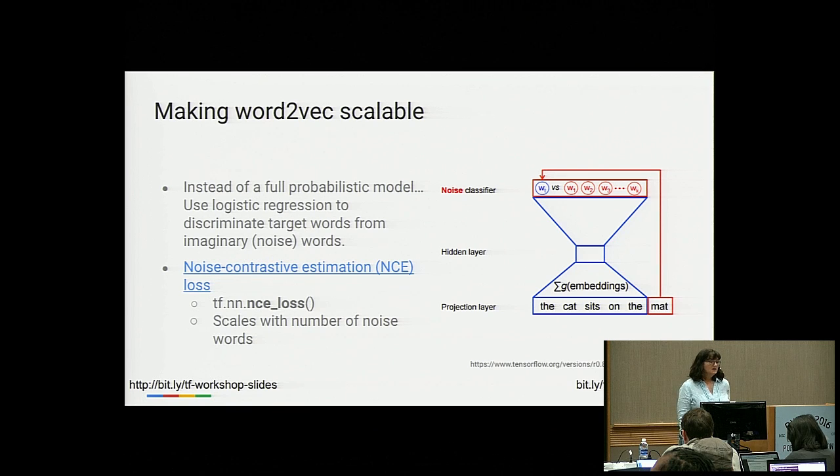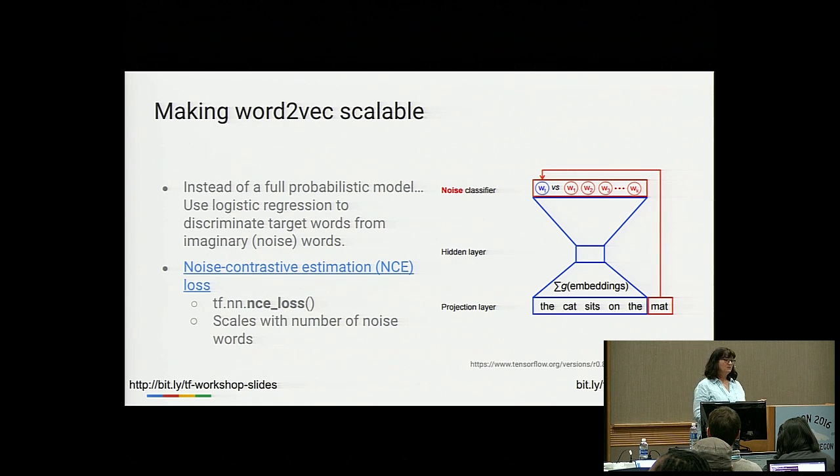So the technique that we're going to be leveraging is a relatively recent research development. People have figured out that we don't actually have to generate a full probabilistic model as we try to do this, which is pretty expensive.